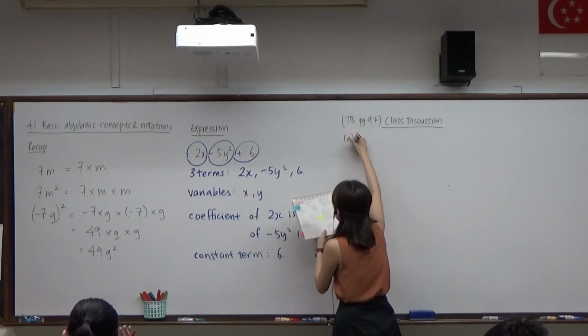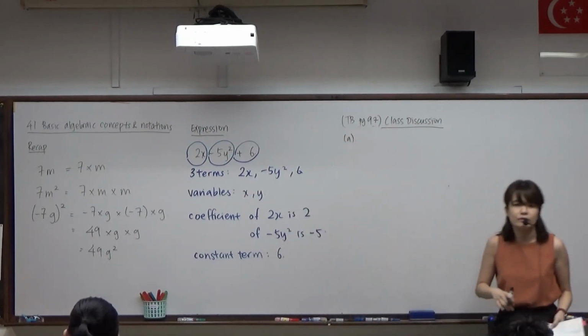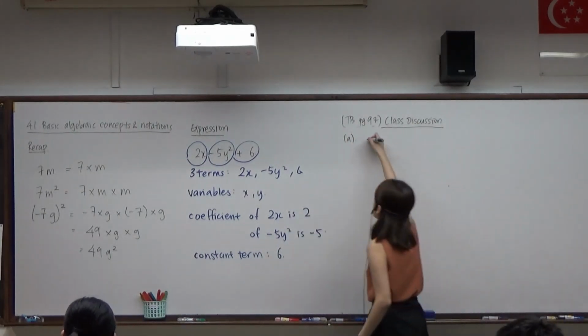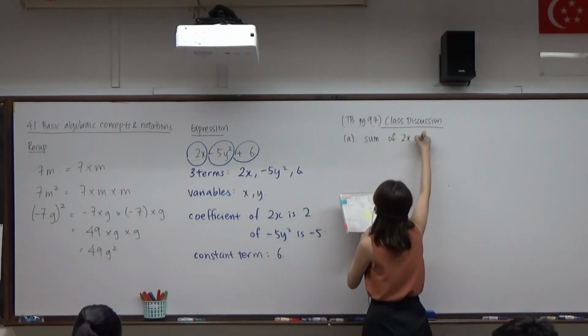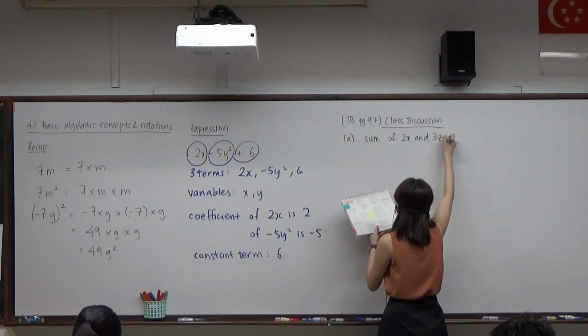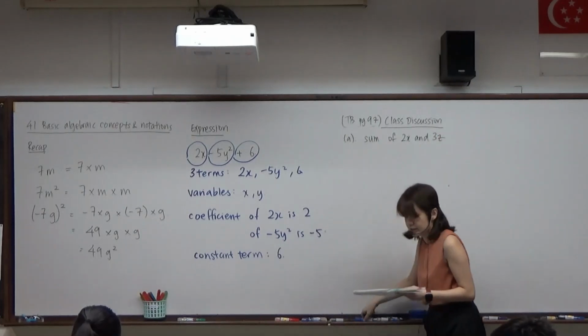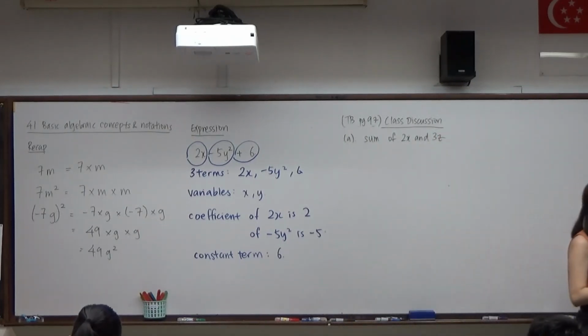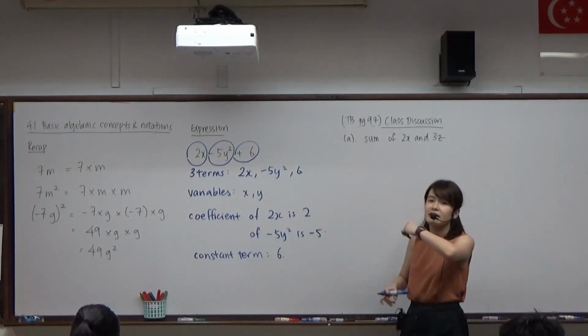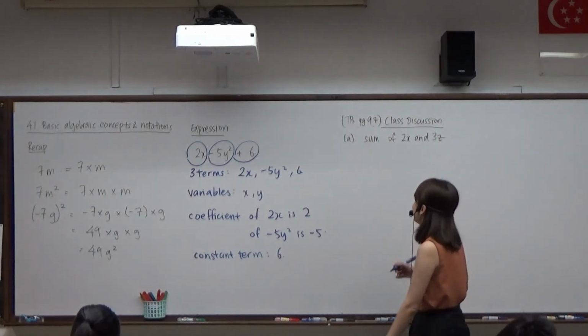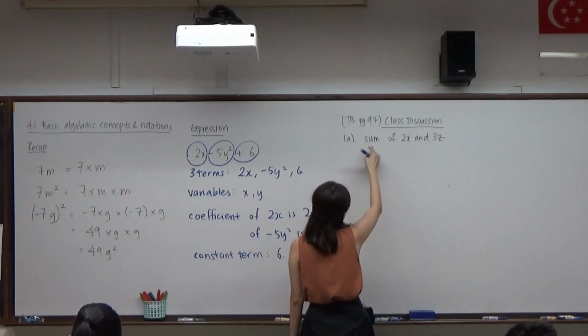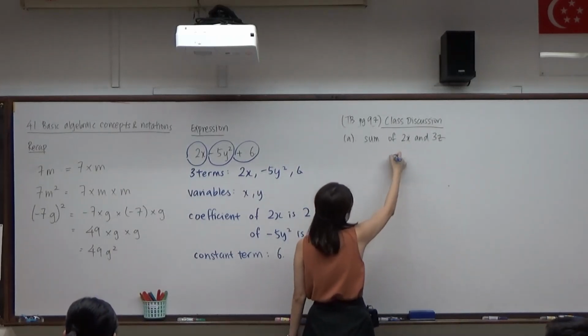It is important for us to be able to translate words that are given to us into algebraic terms, or in fact an algebraic expression itself. So let's look at part A. We have the sum of 2x and 3z. What does sum mean? It means addition. So in this case, the sum of 2x and 3z will be addition.